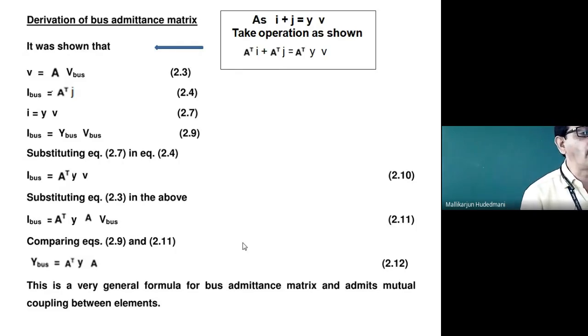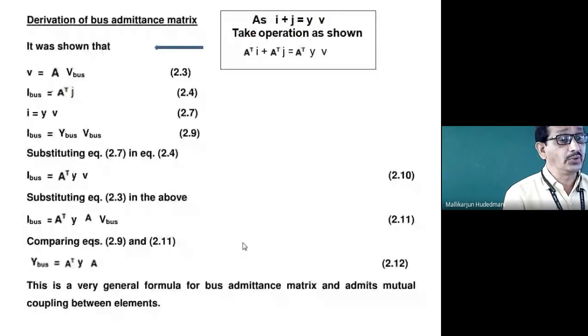Then using those above standing equations, where I bus is a representation of A transpose J, which won't be 0, and V equal to the branch voltages of the total network in terms of nodal voltages, A into V bus. If I use them in this representation, I can get I bus equal to A transpose Y into V. Then again I will get this representation substituting the respective equations over there.